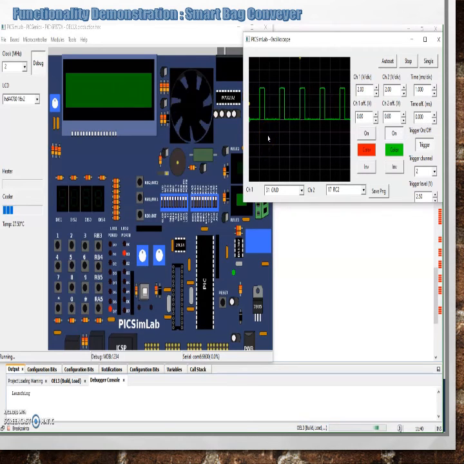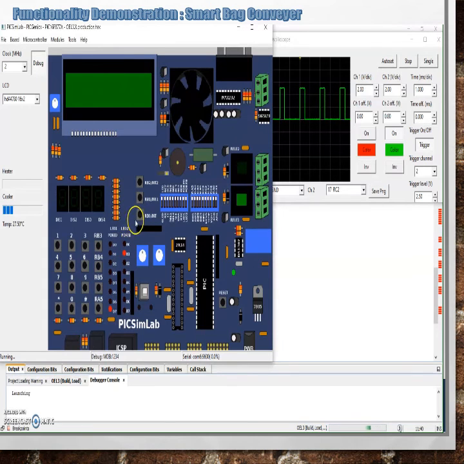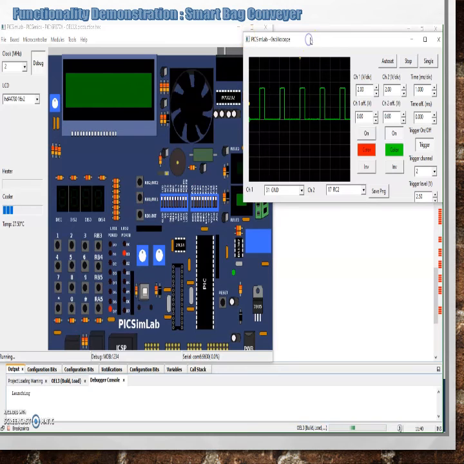Okay, from that we can see that our project functions successfully based on what we wrote in the programming and what our plan was. For that, we show you one more time. If the sensor detects a bag on the conveyor, we can monitor the oscilloscope.